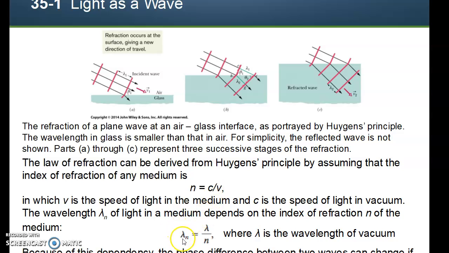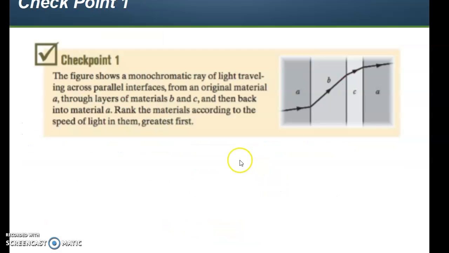So this is the wavelength in vacuum, and this is the index of refraction, and this is the new wavelength that you have in that material. So let's do a checkpoint on that.